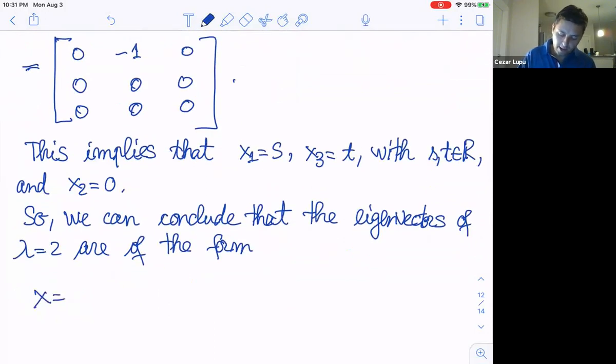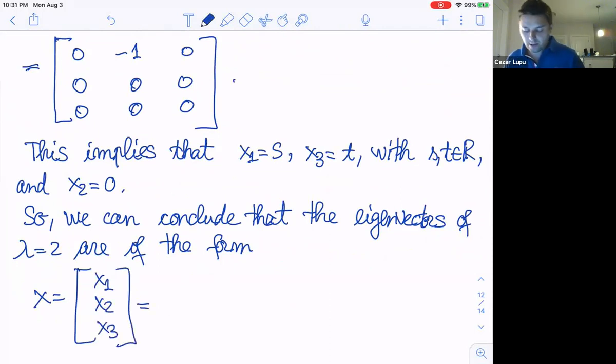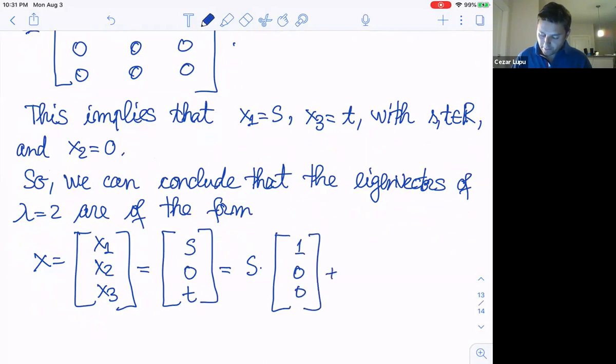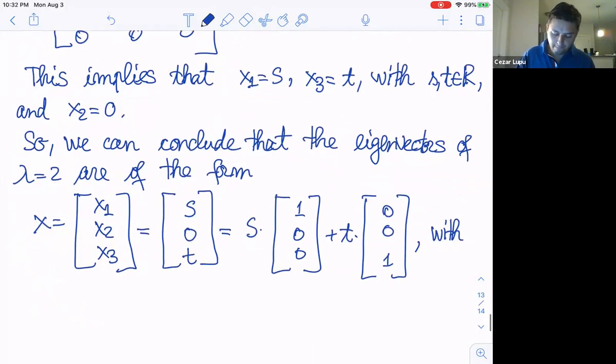My vector x will be x1, x2, x3, and we know who x1 is, and so on. So this will be s, 0, t, or if you want to write them, this will be s times 1, 0, 0 plus t times 0, 0, 1 with s and t real numbers, and not both 0. This is important.